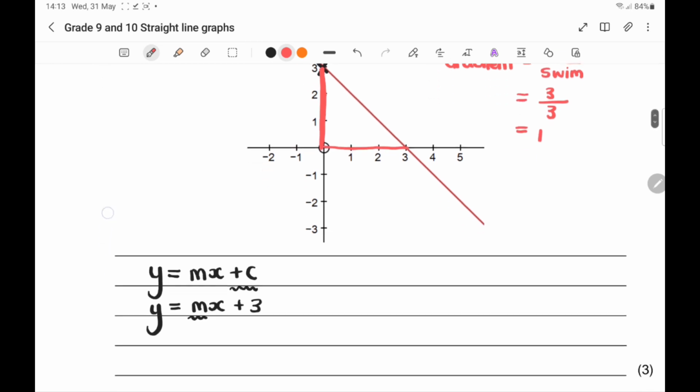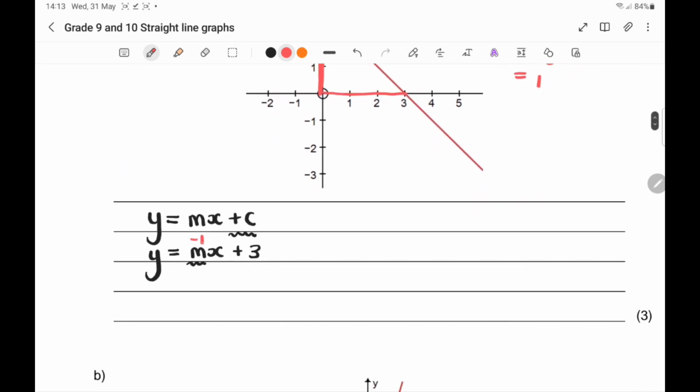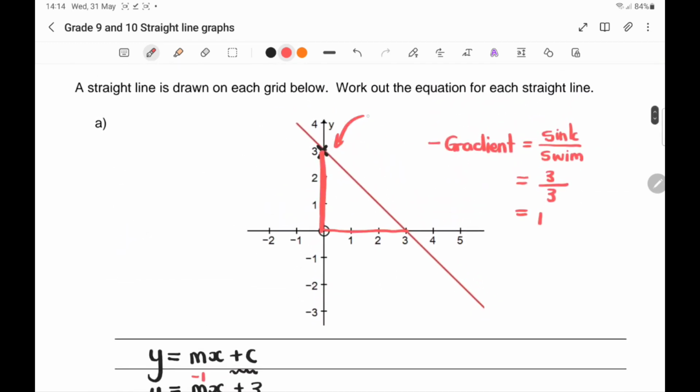It's 1. So the gradient, it's not 1, because we can see it's going down, it has to be -1. So your equation would be y is equal to -1x. You don't have to write that plus 3. So if you just want to clean it up, there's your equation. Okay, so that is if we have the y-intercept there.